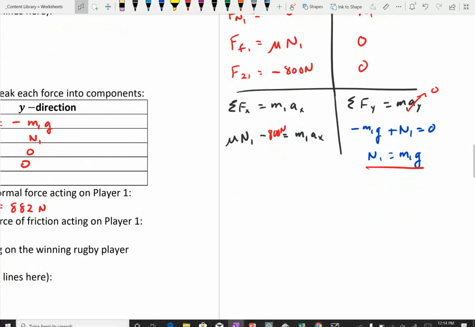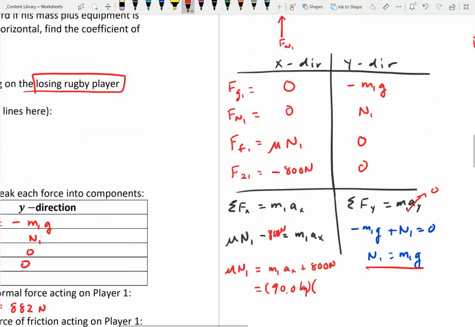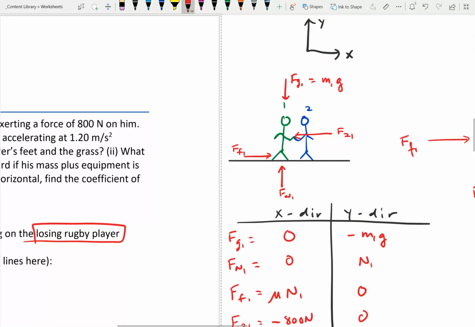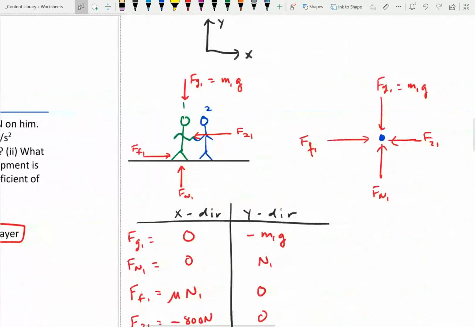So that's how we do it. This mu n1, that's the force of friction, is equal to m1 ax plus 800 newtons, equals 90.0 kilograms times the acceleration. Now, what was the acceleration? The acceleration was 1.20 meters per second squared backward, so it's a negative.